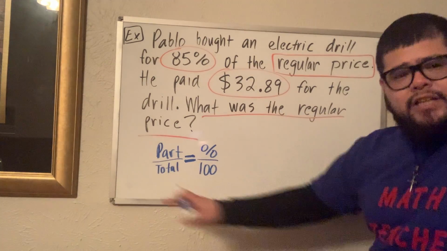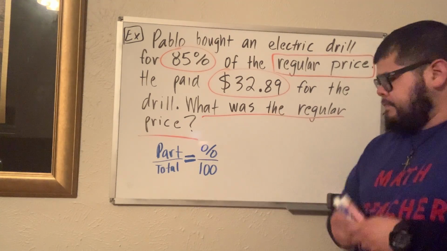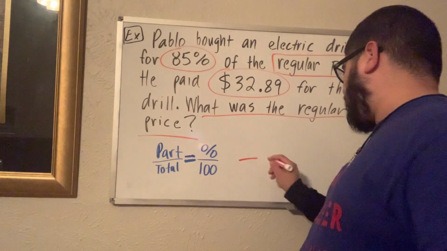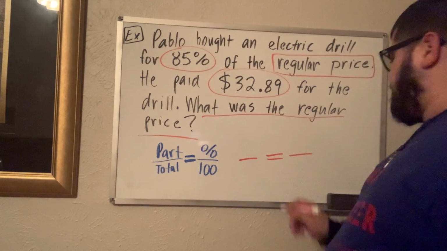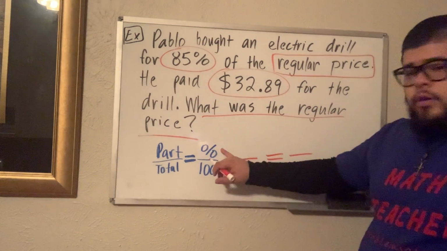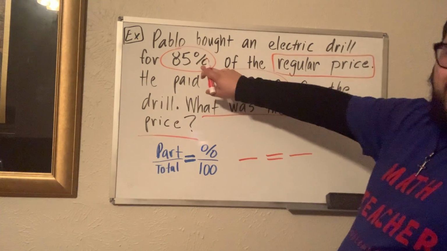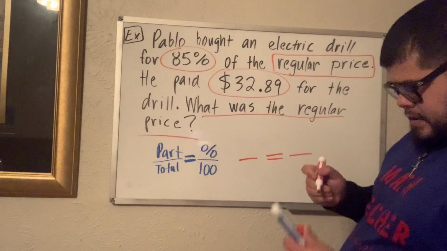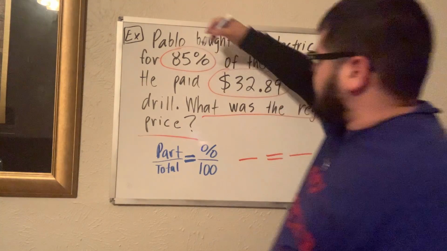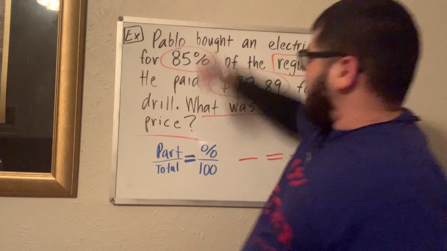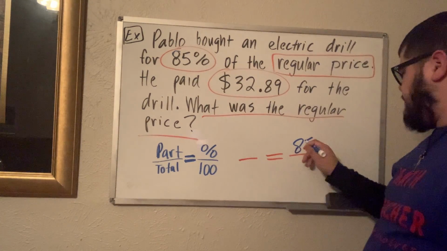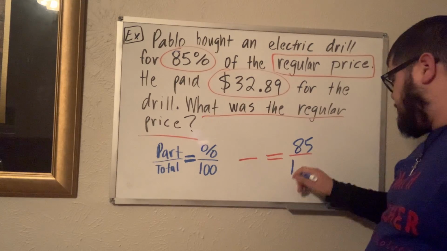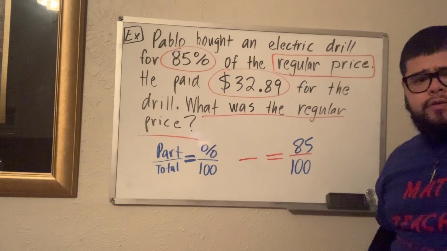Now, we got to fill in what we know into this proportion over here. So, do we know the percent? Of course we do. It has a percent sign next to it, right? And that percent is 85%. So we're going to put 85 here. We know 100 is part of the percent proportion, right?